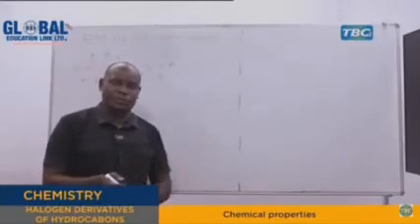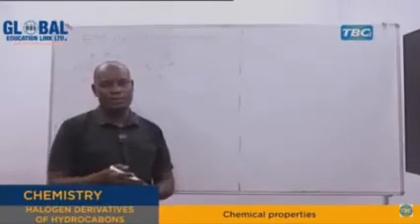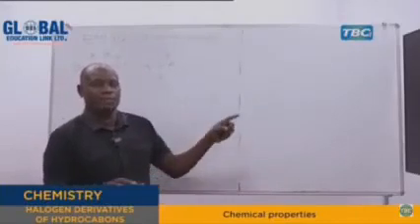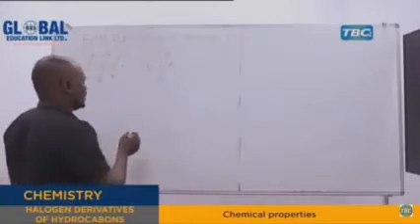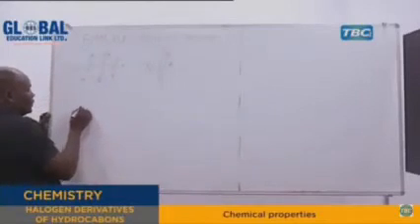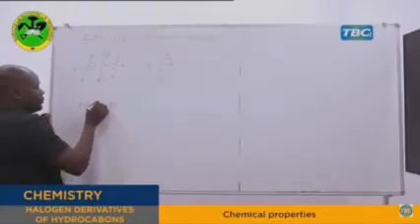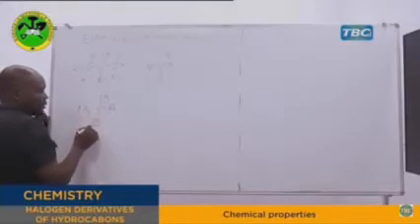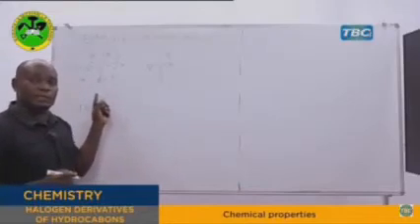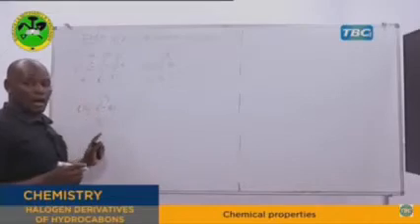The alkali can be either sodium hydroxide or potassium hydroxide. So let us consider using potassium hydroxide. So CH3, bromine, CH3, and CH3. And we see that this is a tertiary haloalkane.